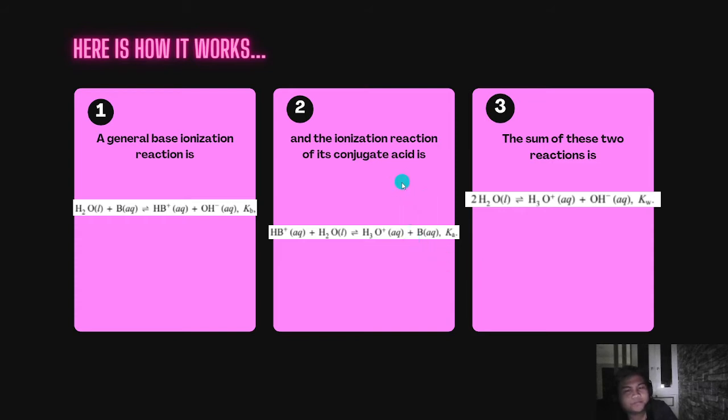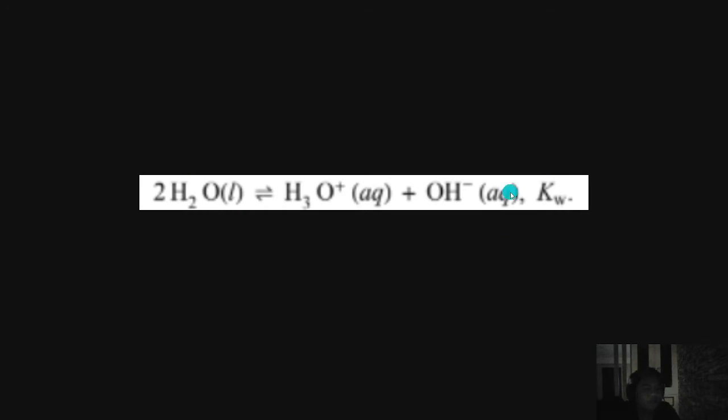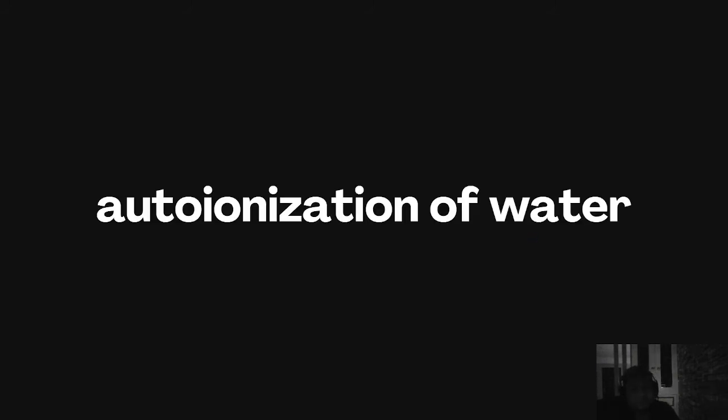When we add these two, the general base ionization reaction and the ionization reaction of its conjugate acid, this is the result: 2H2O gives H3O plus and OH minus, Kw. This reaction is the equation we use for the auto-ionization of water.